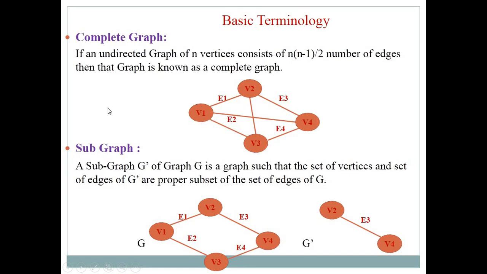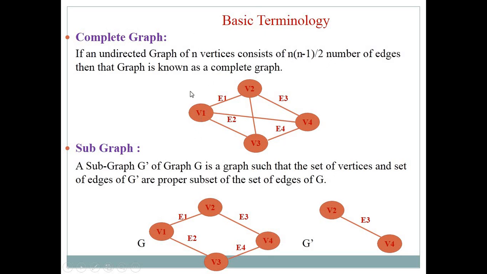Basic terminologies of graph. First of all, let's see about complete graph. If an undirected graph of n vertices consists of n(n-1)/2 edges, then that graph is known as a complete graph. So this definition says if we have n vertices and n into n minus 1 divided by 2 edges, then it will be complete.